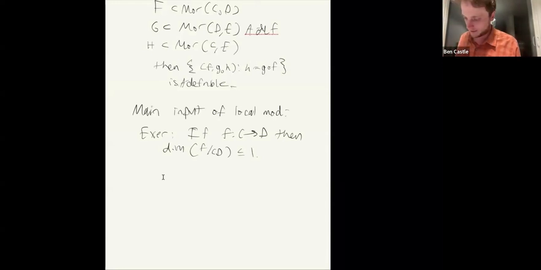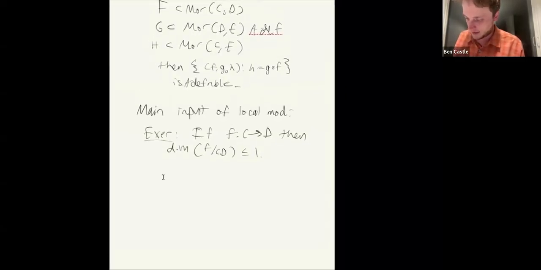It's listed as an exercise. I can sort of say why. It's because if you have C and D, where C is a canonical base for some strongly minimal thing, and D is a canonical base for another strongly minimal thing, and F is a canonical base living inside the product of those two things.